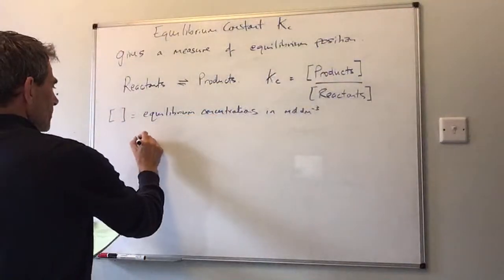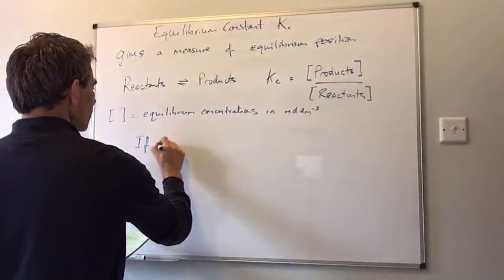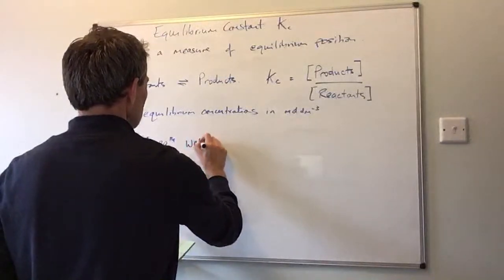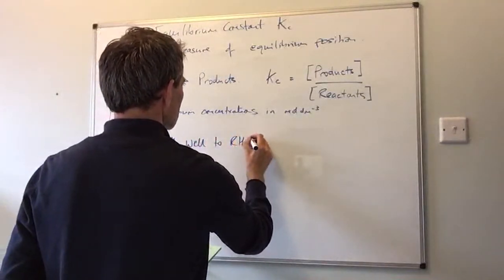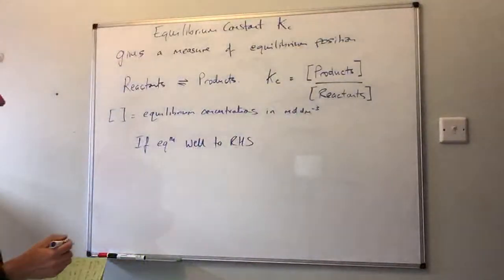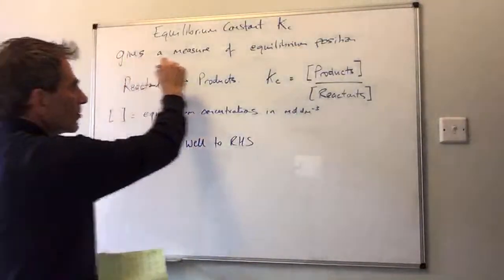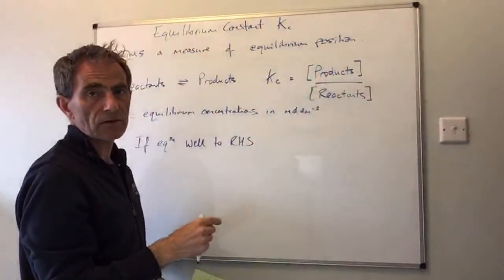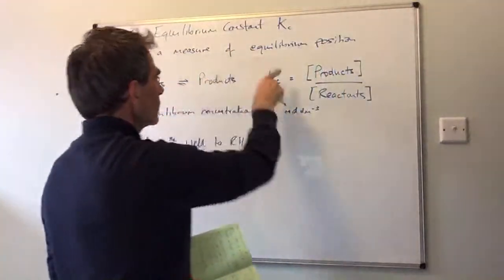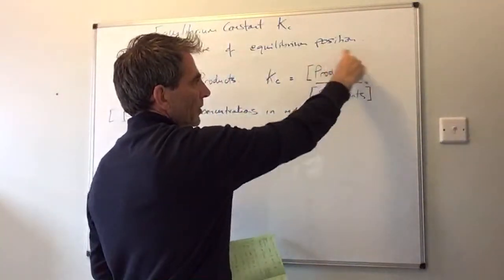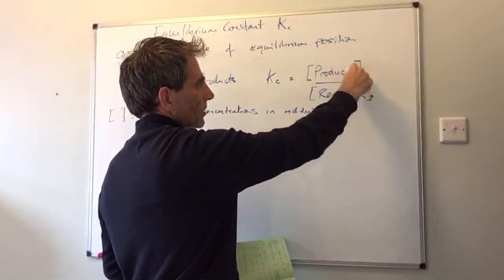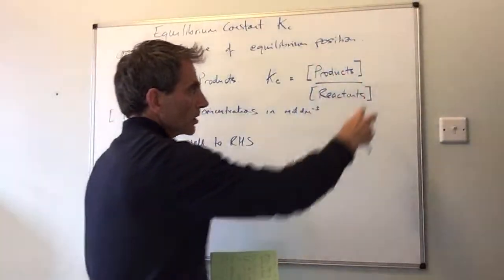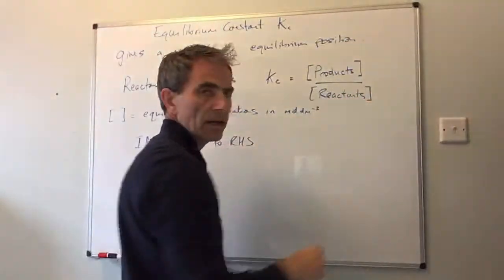Right, so let's suppose the equilibrium, I'm just going to put EQM if that's okay, is well to the right hand side. If equilibrium is well over to the right hand side, just think about how these concentrations would compare with each other. You're going to have a higher proportion of product concentration to reactants concentration. If you think about it like a fraction, you're going to have a bigger number on the top compared to the bottom.